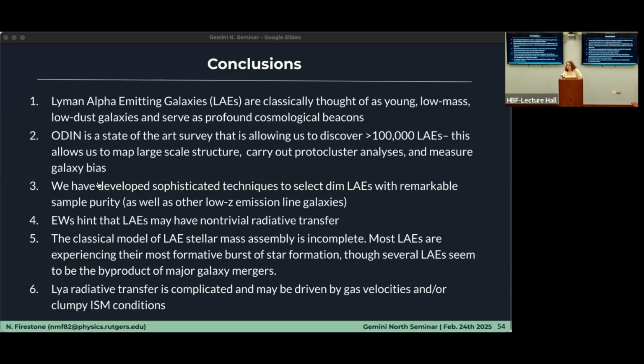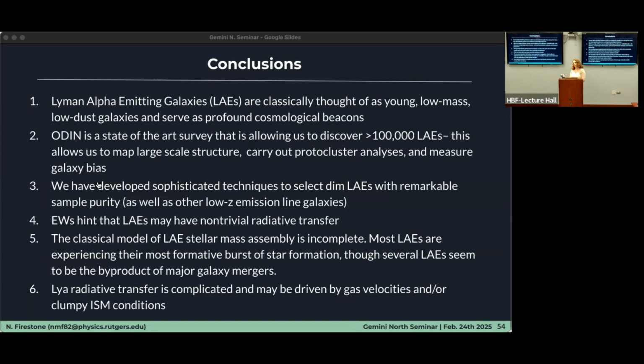Yeah, I mean, we really don't have a good understanding. These objects are so far away that there's not that much that we can resolve about them. It's all kind of through inference. The interesting thing about LAEs that has caused me many an existential crisis is there are so many different components that impact the Lyman alpha that we actually see.